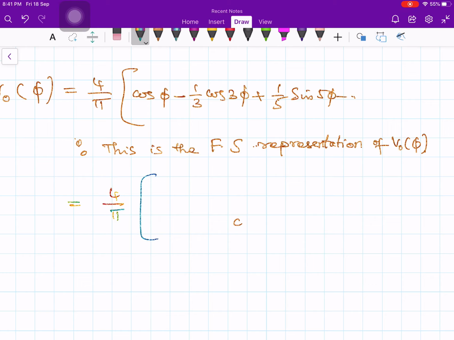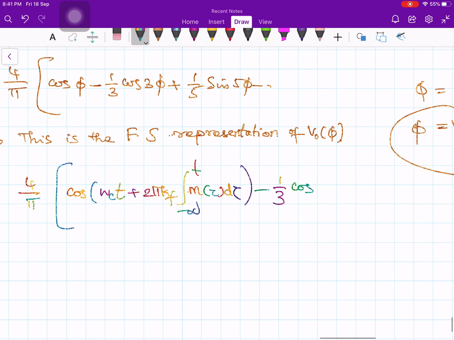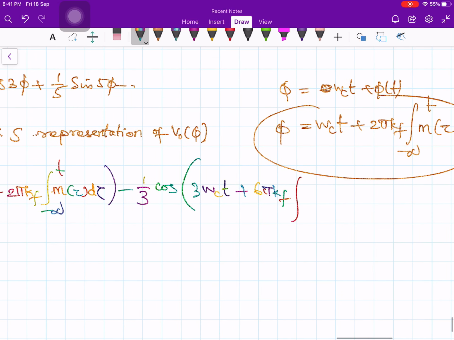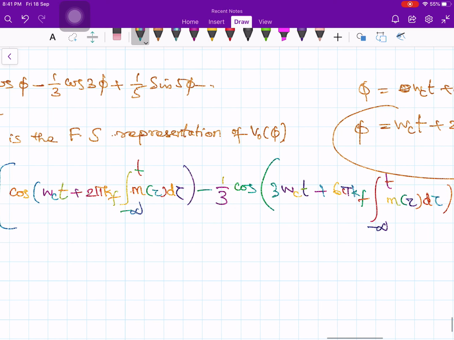So 4 by pi times cos of omega ct plus 2 pi kf integral of m of tau d tau, minus 1/3 cos of 3 phi. 3 phi means 3 omega ct plus 3 times 2 pi kf, which becomes 6 pi kf, integral of m of tau d tau, plus and so on and so forth.